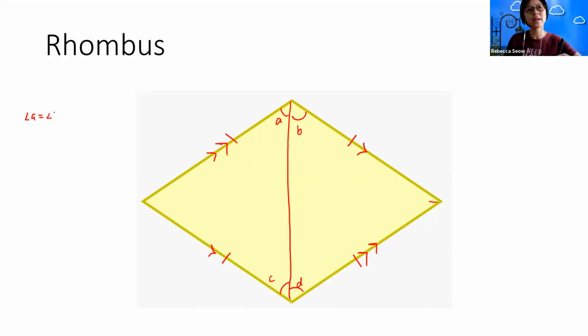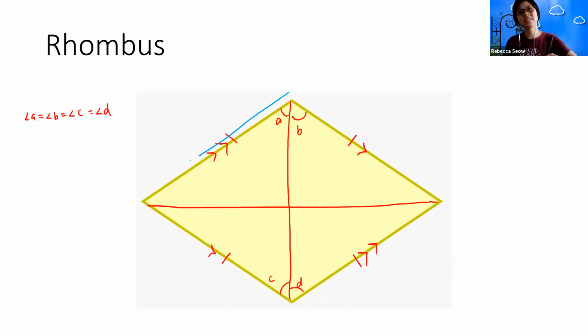Angle A equals angle B equals angle C equals angle D. If I were to draw another diagonal across the rhombus, I would form yet another two pairs of isosceles triangles.